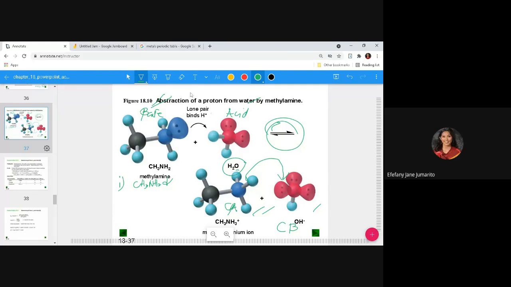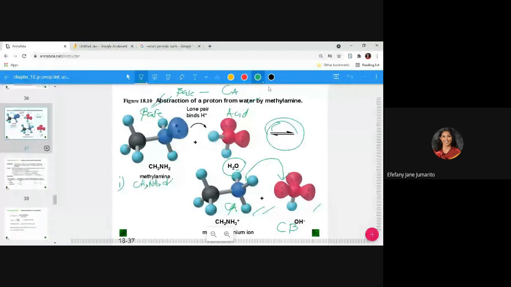When we say base, then we have the conjugate acid to make it a pair.